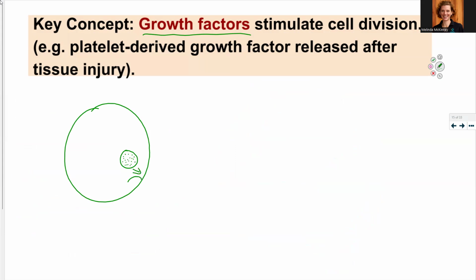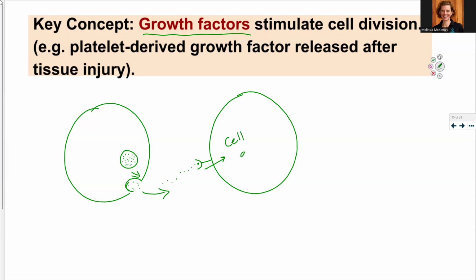Those will be secreted maybe through exocytosis here, right? So they're going to be dumped out into the surrounding fluid, and then those will be received by cells that have the appropriate receptor. So if it diffuses to a nearby cell and it's got the appropriate receptor, that could trigger this cell to undergo cell division.